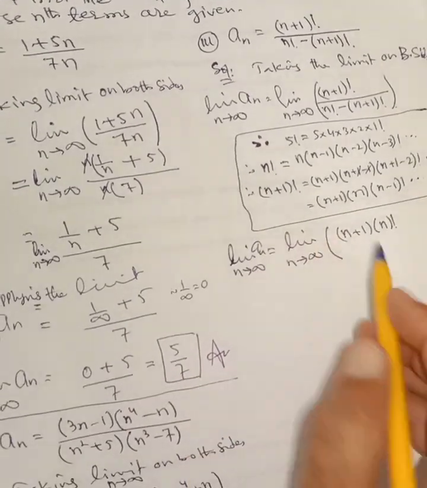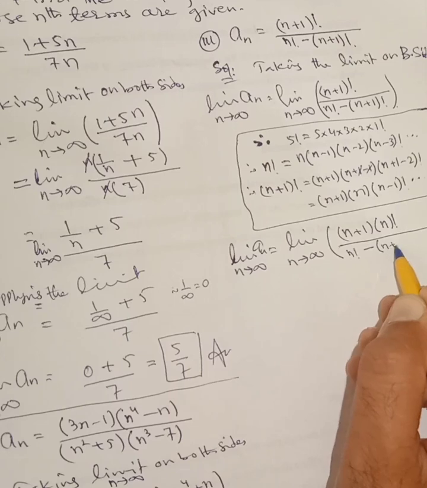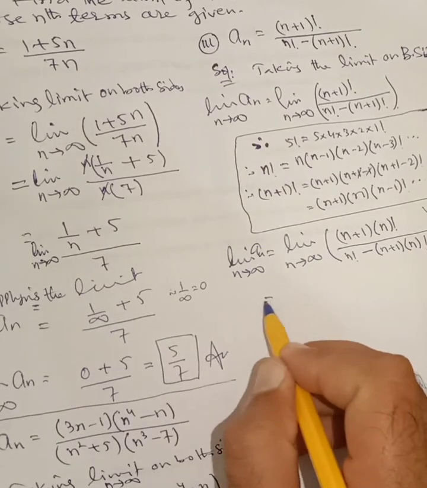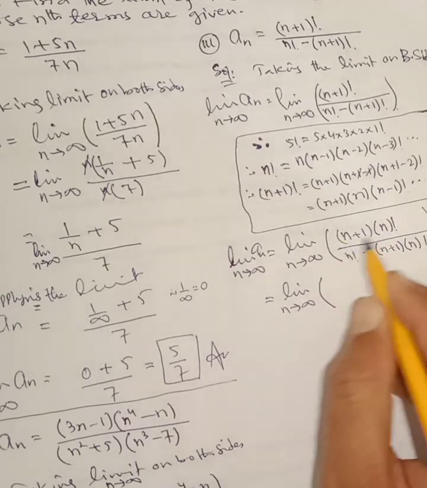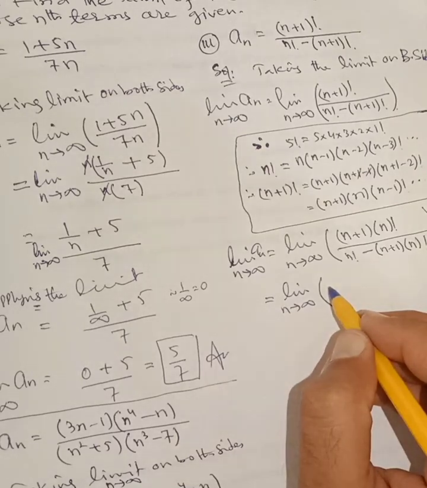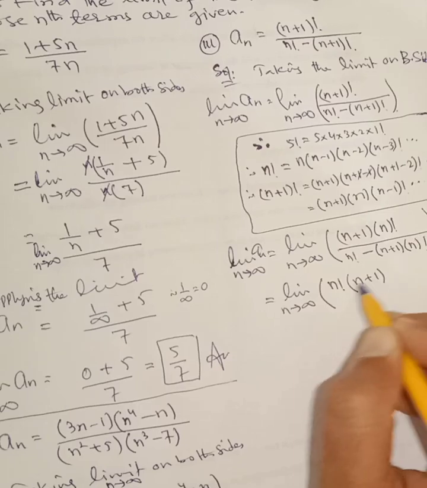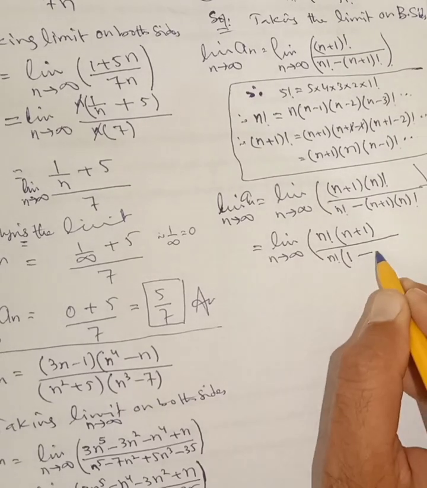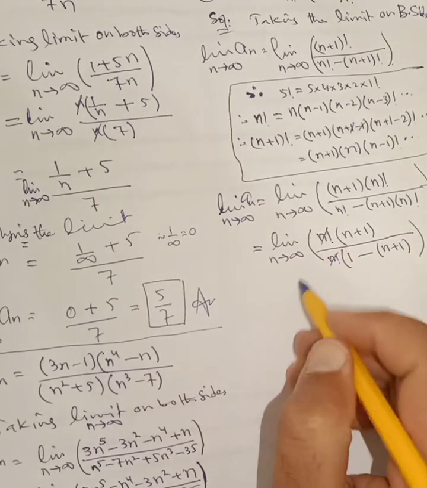And from here, n factorial minus (n plus 1) factorial, the next term will be n, and then factorial. Now if we take n factorial as common, we have n factorial times (n plus 1) over n factorial times (1 minus (n plus 1)), and n factorial has been cancelled.